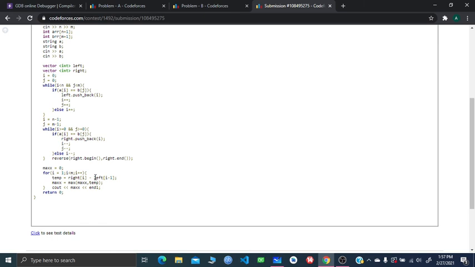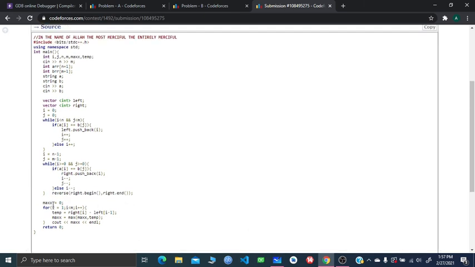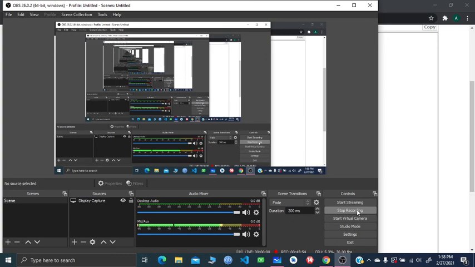Then for each pair of consecutive indexes, I'm tracking the maximum width. How? right of i minus left of i minus 1. Of course, it has to be like that. And that's how I'm tracking the maximum. So I hope I made you understand that.